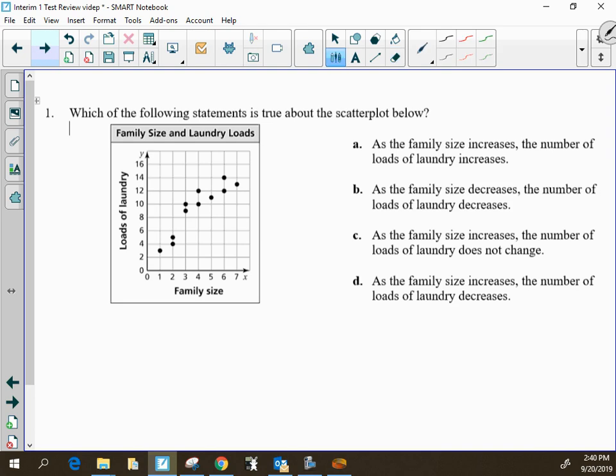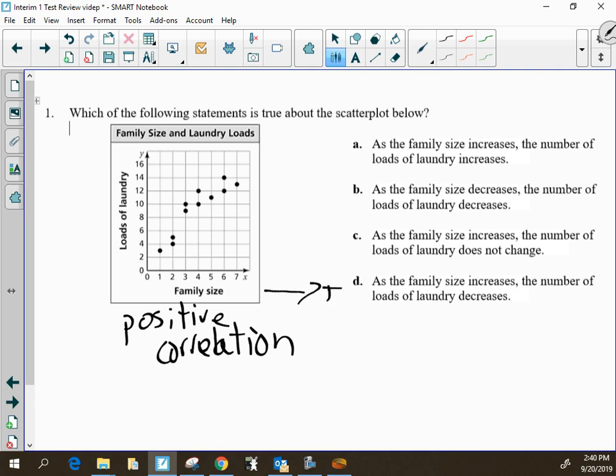So, for question number 1, which of the following statements is true about the scatter plot below? Well, if we look at the scatter plot, it has positive correlation. And so, as one variable increases, the other variable increases.